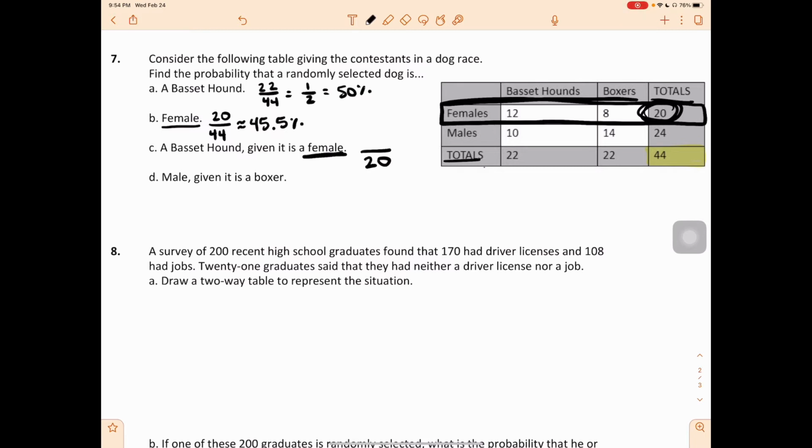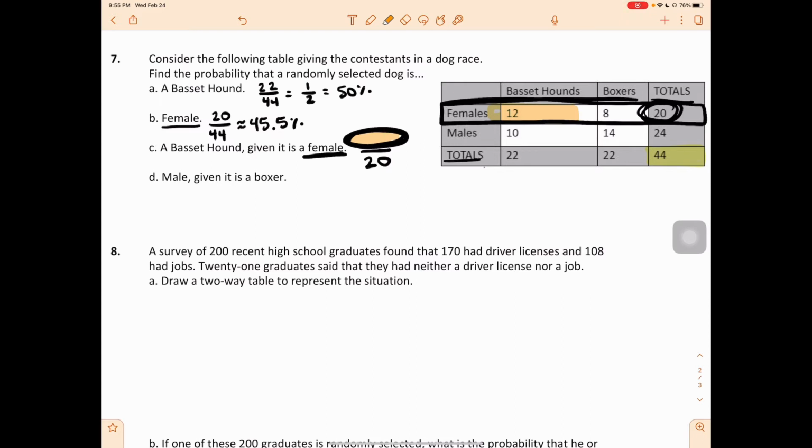You can also use your little conditional probability rule up above. The top part is the probability that it is a basset hound and a female, which is going to be right here, a female basset hound, out of the probability that it is a female, because we know it's a female.